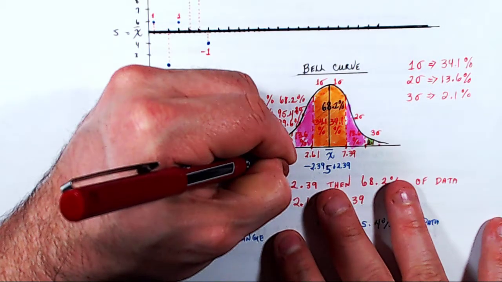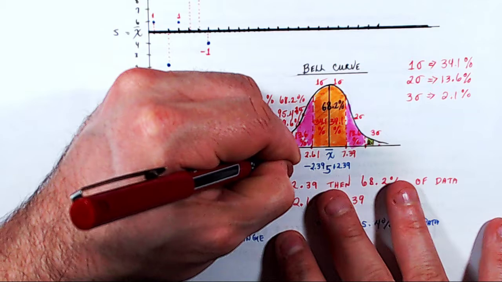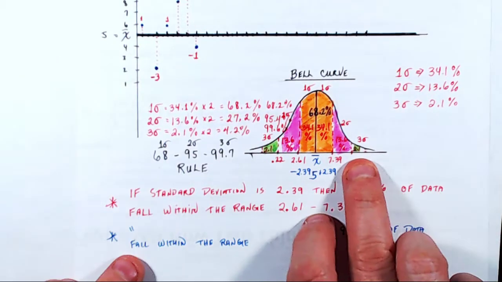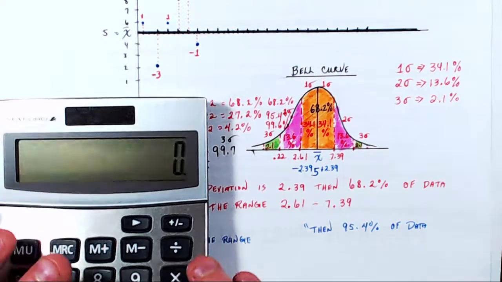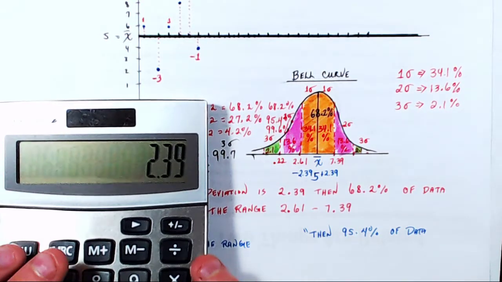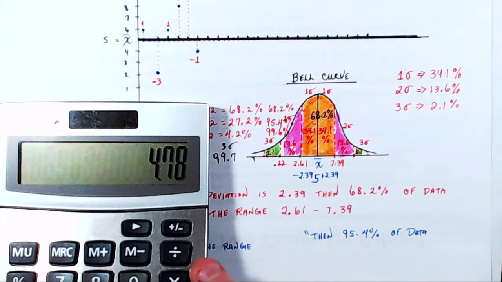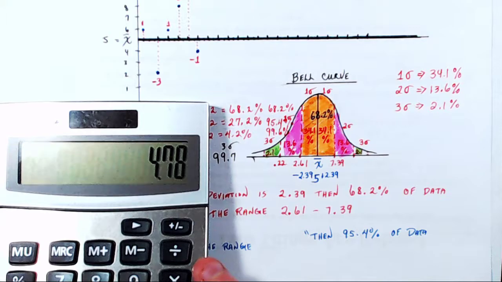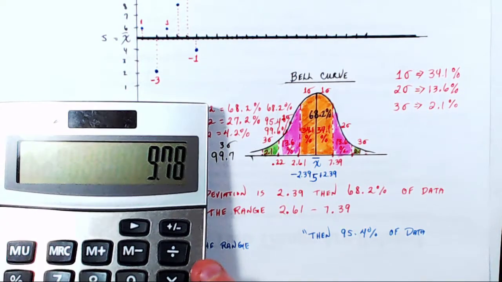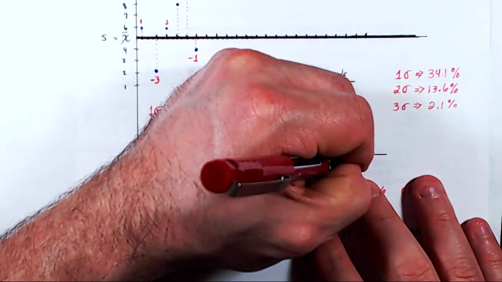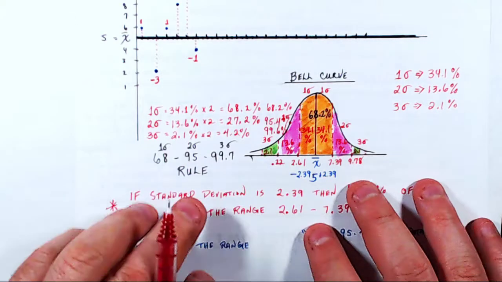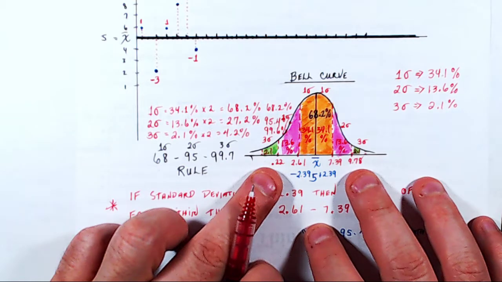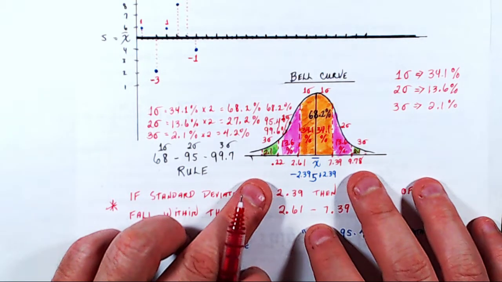That's the left side of the mean. And on the right side of the mean, it's 2.39 times 2. 4.78 is 2 deviations. So now add that to 5: 9.78. We can stop here because our range is only 1 to 9. That's the poll results. We're only allowed 1 to 9.